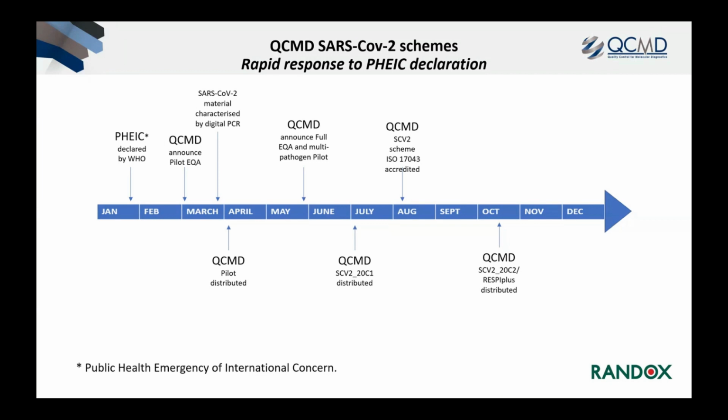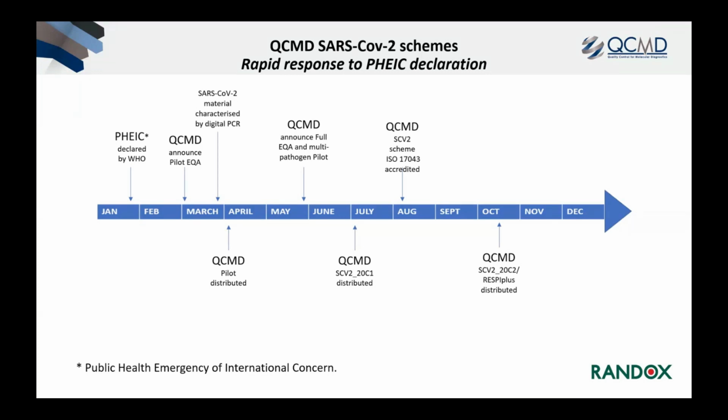The multi-pathogen pilot was brought about because people were already starting to look towards winter, and the fact that they were going to have to deal with, as well as the SARS coronavirus pandemic, your routine winter viruses such as influenza and RSV.